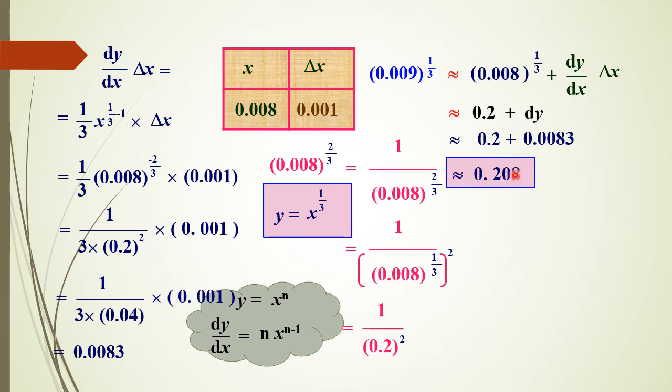After adding, you'll be getting this much. This is the approximate value of 0.009 whole raised to 1 by 3.